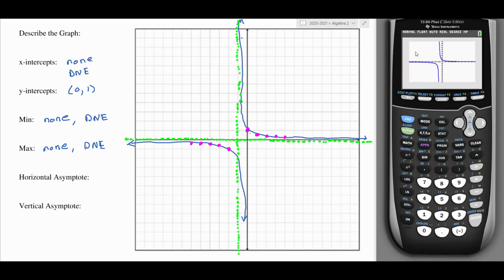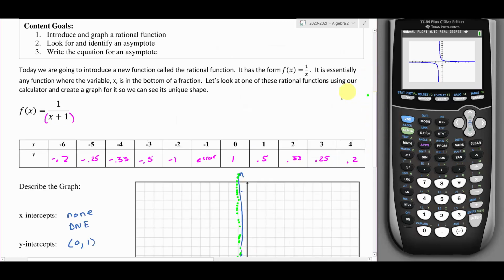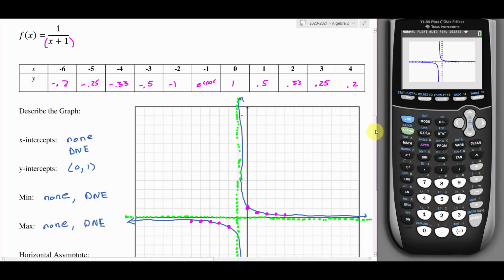So that's how I know where those asymptotes are. Another way to identify the vertical asymptote is to look at your table. I'm going to go up here and look for the error. Wherever you see that error, that's where that asymptote is going to occur vertically. You can't really see the horizontal asymptote in the table, but you can see the vertical one for sure wherever that error is located.